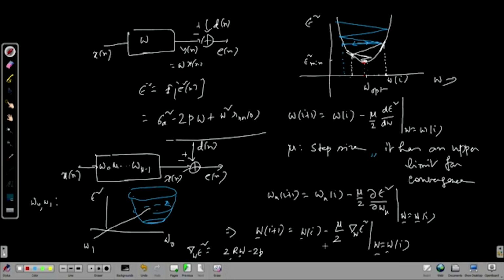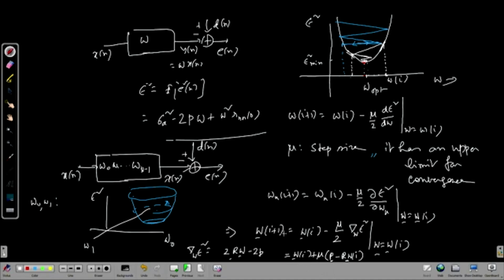All right. So, you can put it here, the 2 is common, 2 and 2 cancel, take the minus out. So, you have W I plus mu times P minus R W, and put W equal to W I. So, this is the equation. If R and P are known, there is no inverse of R required here. So, that is what you wanted, no inversion of R, fine.